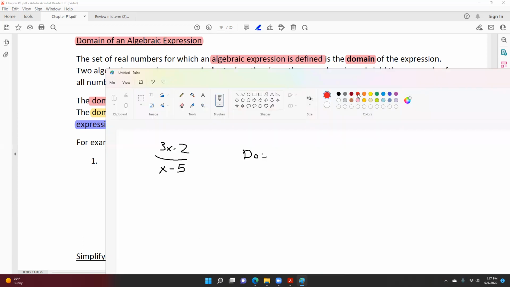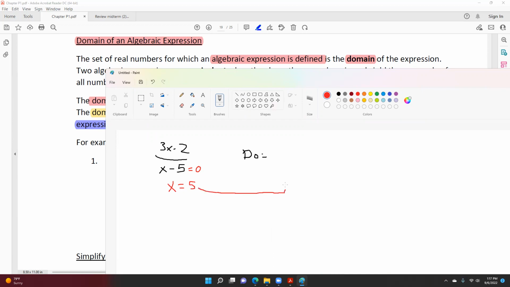So to find the domain, you set your denominator equal to 0. We don't care about your numerator, because a numerator of 0 is still divisible. However, if your denominator is 0, you get undefined. So we solve this and get x equals 5.